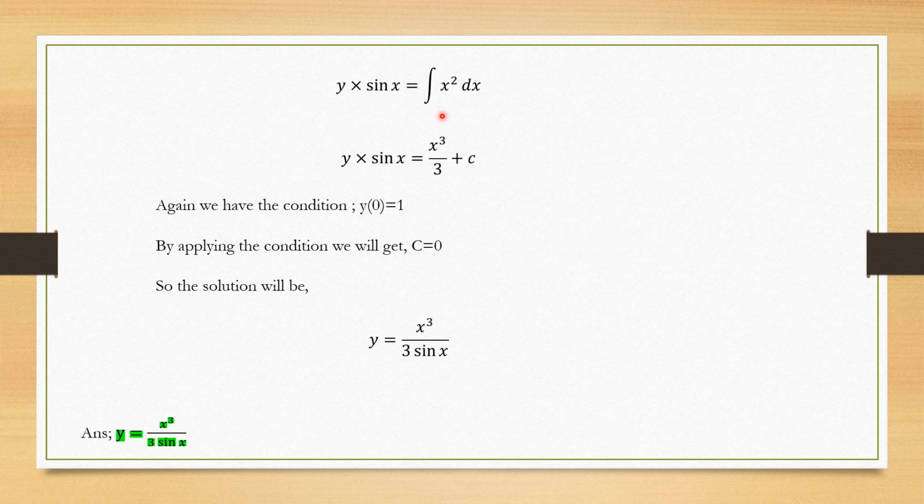Again we know that the integration of x square will be x cube by 3 plus the integration constant c. And here we have been given the boundary condition y(0) = 1. So when x equals 0, y will be 1. Putting this boundary condition in this equation we can find that c will be 0. So the solution will be y = x cube by 3 sin x. So the answer will be y = x cube by 3 sin x.